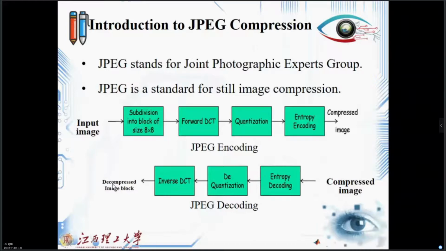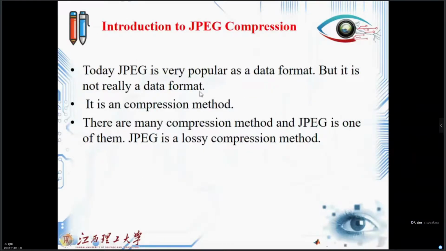And mainly what I searched for was whether there are some new things in JPEG, and if so, I should introduce them today for you. JPEG is very popular as a data format, but it's not really a data format. People know it as a compression method. And even though there are many compression methods, JPEG is one of them.